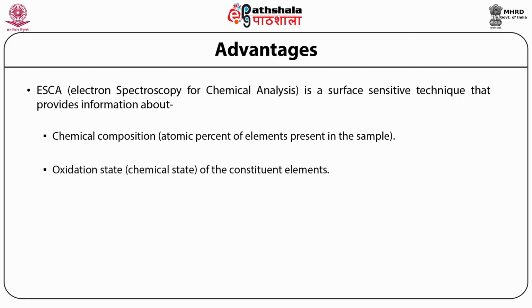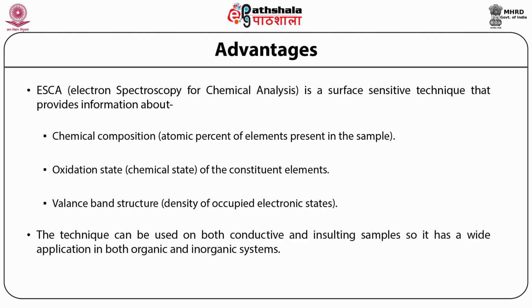Second, the oxidation state, that is, the chemical state of the constituent elements, can be measured with the help of this. And thirdly, it tells about the valence band structure of the surface, meaning the density of occupied electronic states, which is a very useful parameter which one gets.